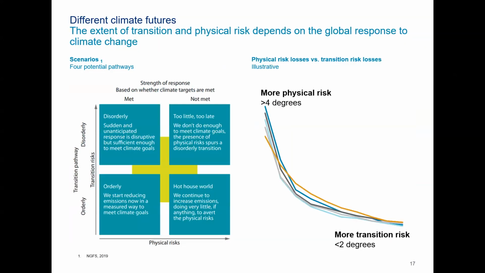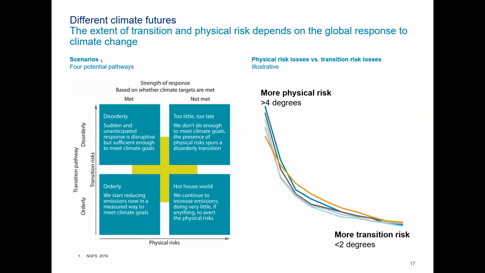And so I think a very helpful way of conceiving of this is a way that has become quite popular in this 2x2 matrix, this one in one of the 2019 releases from the NGFS, explaining that essentially with our climate future, there are a variety of pathways we can take, and the degree of transition risk that is experienced versus physical risk will depend on a couple features, both whether that transition proceeds in an orderly fashion, so whether steps are taken in an assertive, aggressive, but organized way, or whether they're piecemeal and whether they occur in far more of a stop and start or in more of a cascading manner.